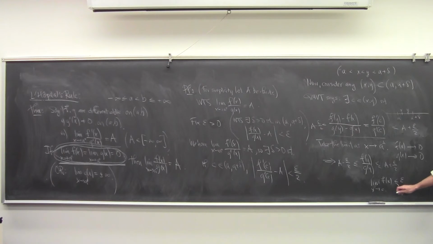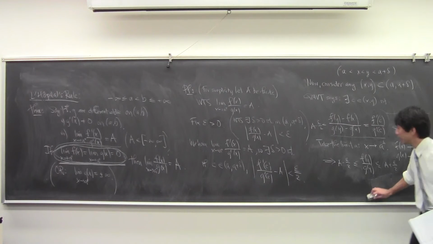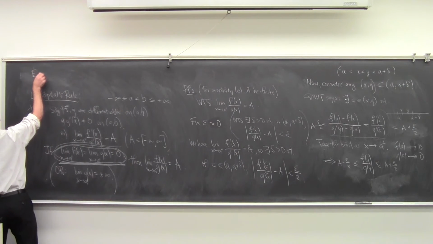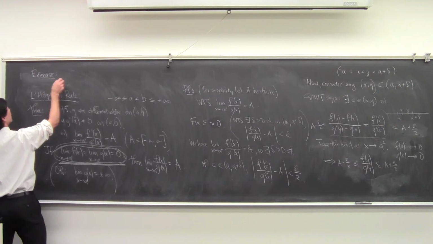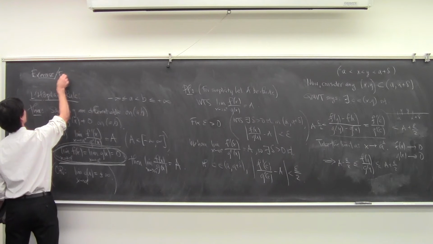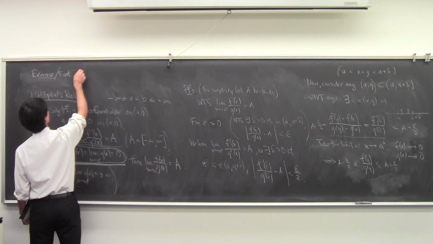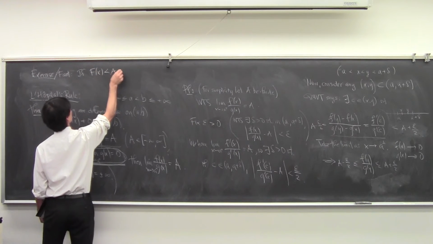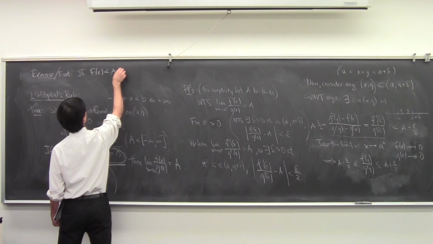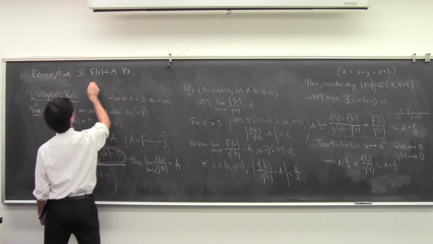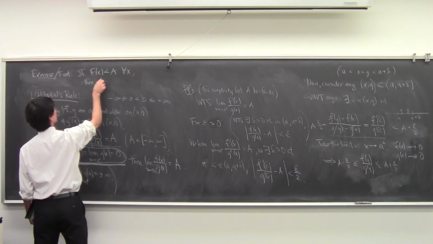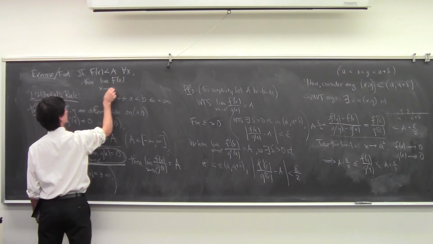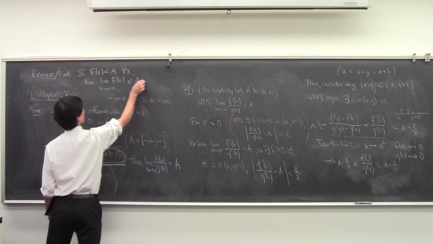I should put that on the side as an exercise or fact: if f of x is smaller than a, say for all x, then the limit of f of x as x approaches some point is smaller than or equal to a.